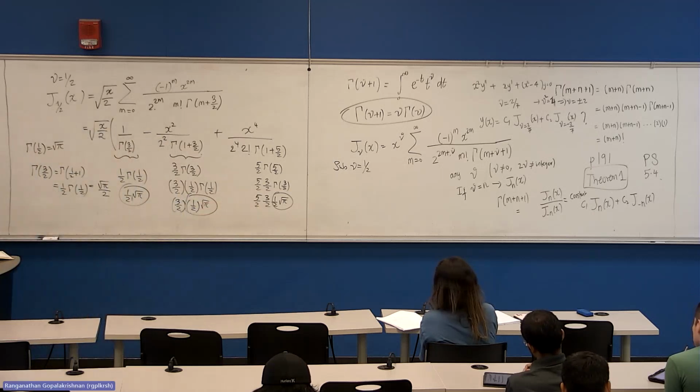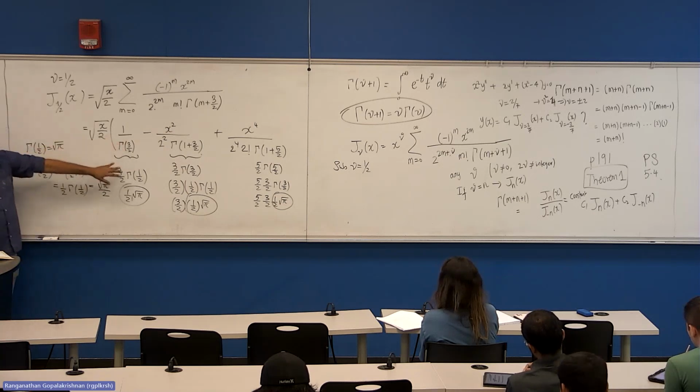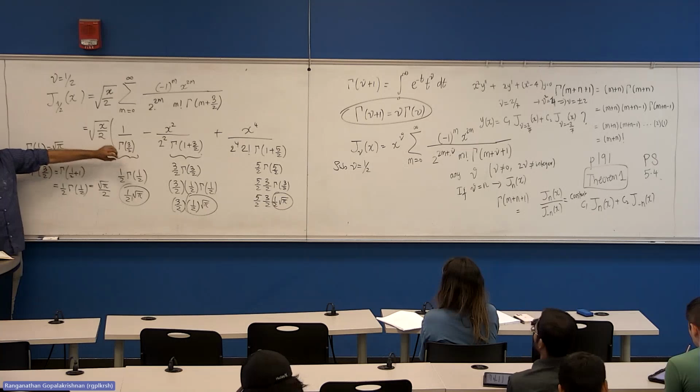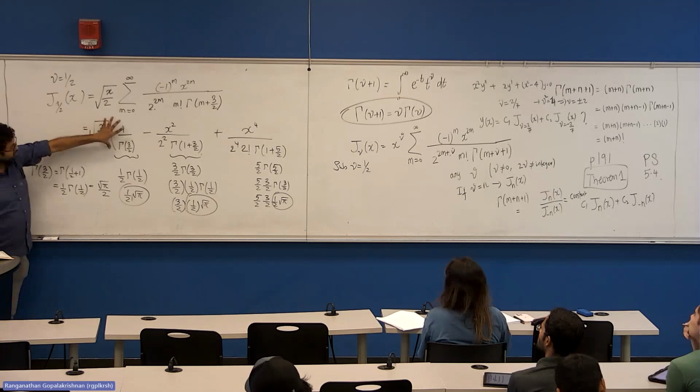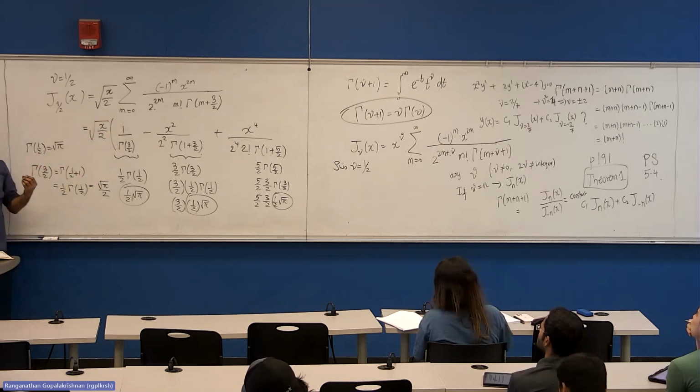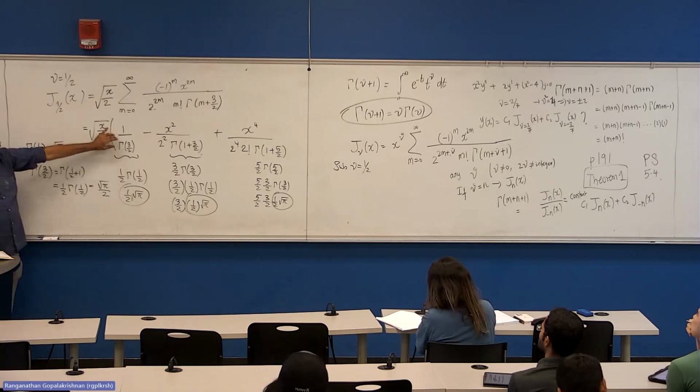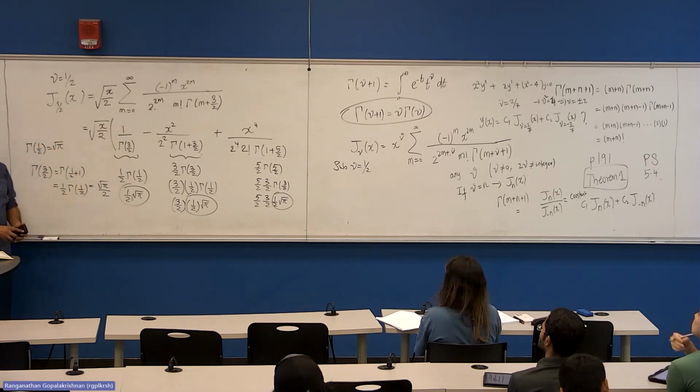You may ask, what is the point of this exercise? The point of this exercise is, if you do some little simplification, you will find out that whenever nu takes values that are half integers, these infinite series can be identified as some elementary function. Turns out this would be cosine of x if we persist with a few more steps. Okay.